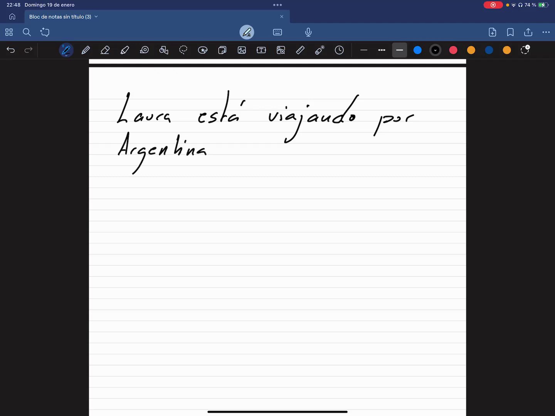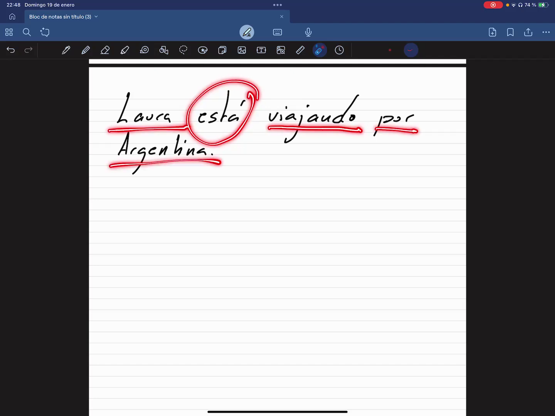Well, what I said is this. Laura está viajando por Argentina. And that means that Laura is traveling around Argentina. To be doing something. Laura está viajando por Argentina.